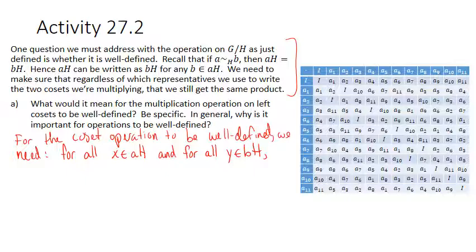So what we need is that AH times BH is the same as XH times YH, which is an alternate way of representing those two cosets.